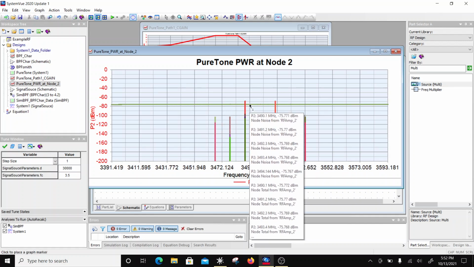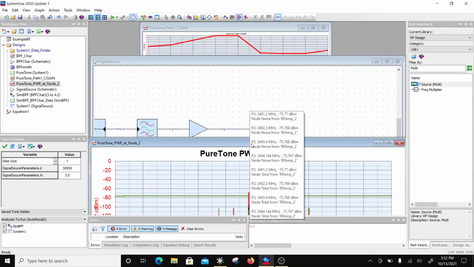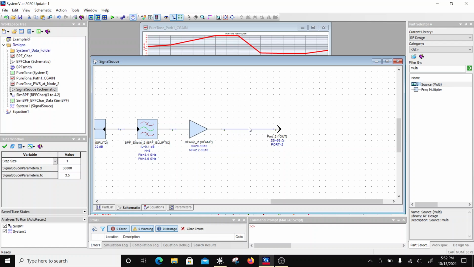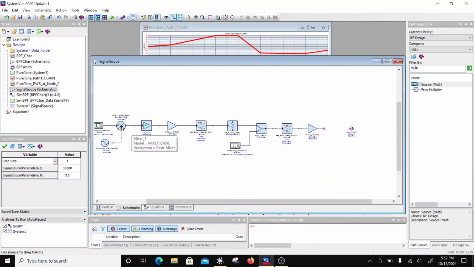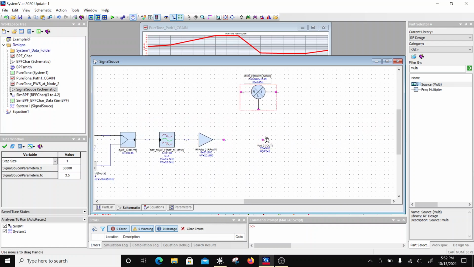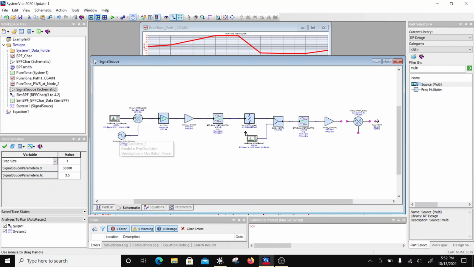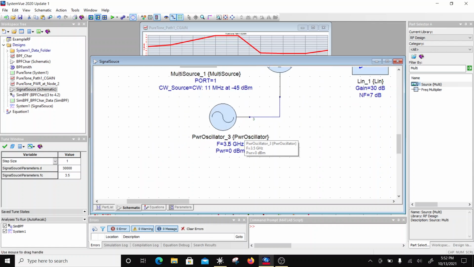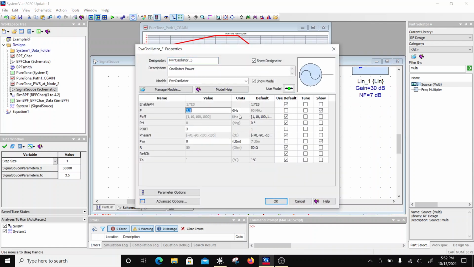Now I am going to down convert this to 11, so I will do a direct conversion. So here I'm going to put in a mixer. I'm going to copy the same mixer, Control C, Control V. And this frequency I will put as a variable frequency, and I will call this FC.